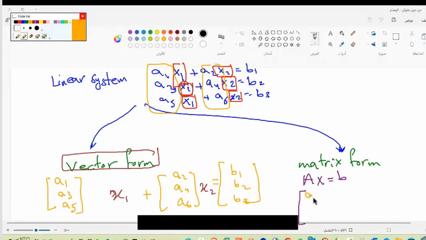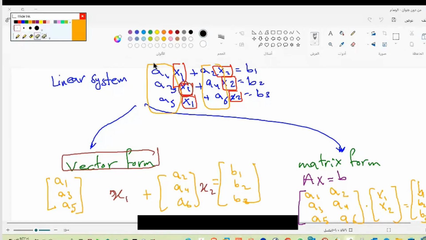It is A1, A2, for example, A3, A4, A5, A6, multiplied by X1, X2, for example, here. If we have X3, we can write X3 equal B1, B2, B3.